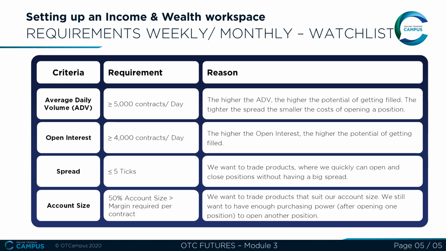For open interest, our requirement is 4,000 contracts or more per day. For spread, we should have a spread that is equal or smaller than 5 ticks. And for account size, we again use the same rule of thumb. We should never use more than 50% of our account size as a margin per contract.